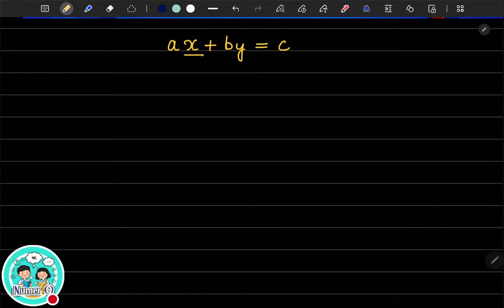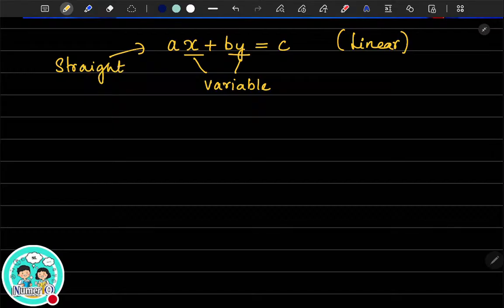You have two variables, x and y, and the degree of the power of these variables is 1. That's why it's called linear. a, b and c are the coefficients. When you plot a linear equation, it will always be a straight line graph.